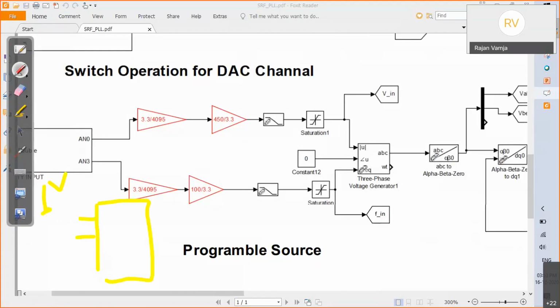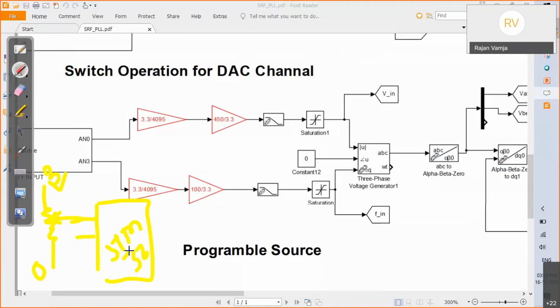We are giving a value of 0 to 3 volts, not more than that, because the pin of the controller, the STM32, is tolerable up to 3 volts.